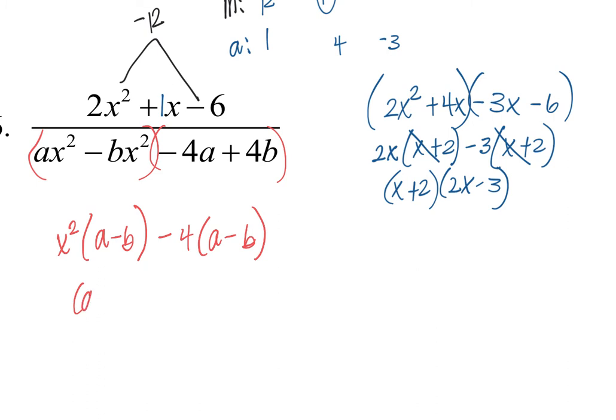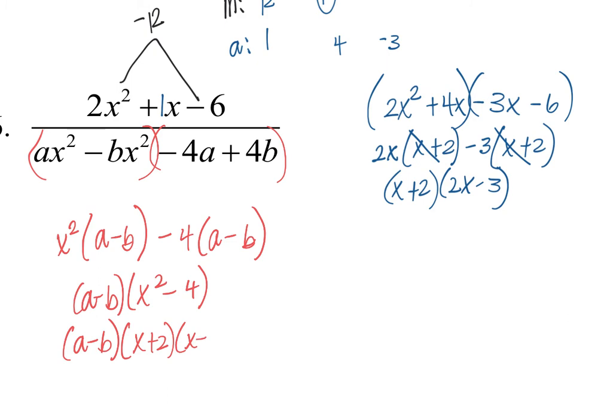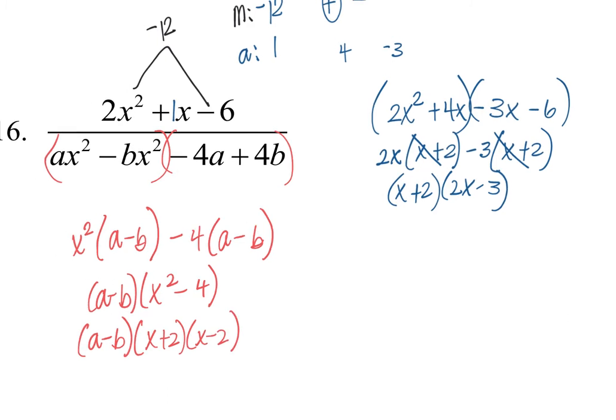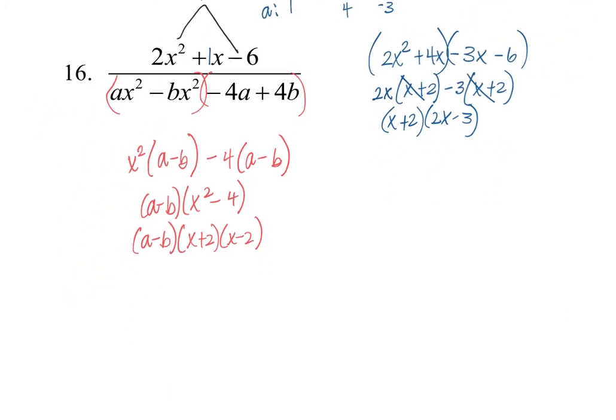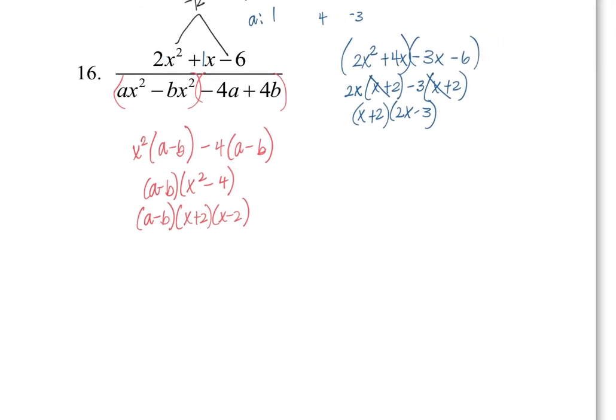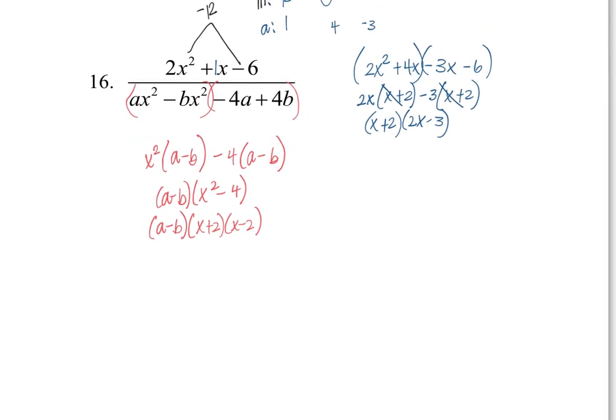So if you took out a minus b, you would be left with x squared minus 4. And x squared minus 4 is the difference of squares. So I'm going to rewrite the rational expression in its factored form.